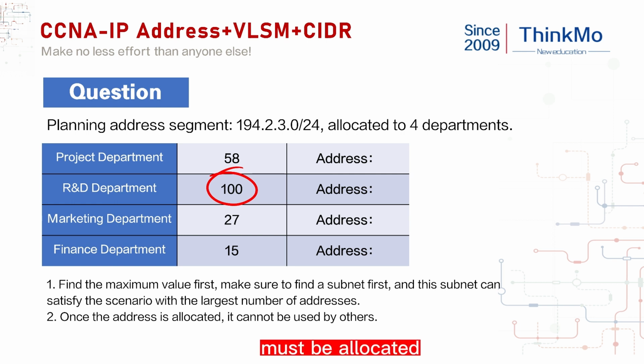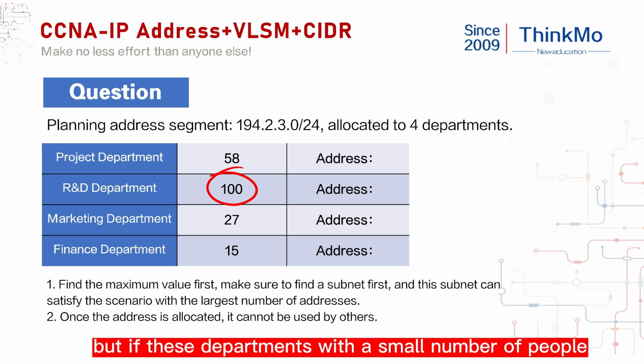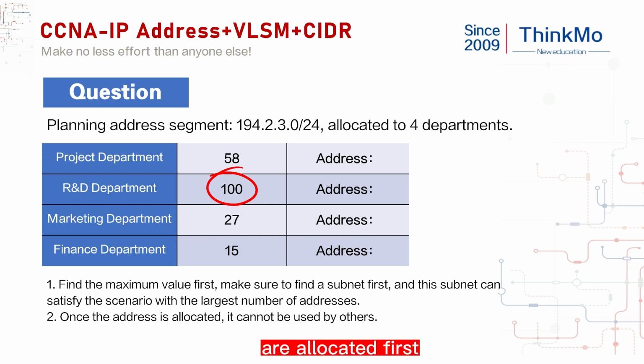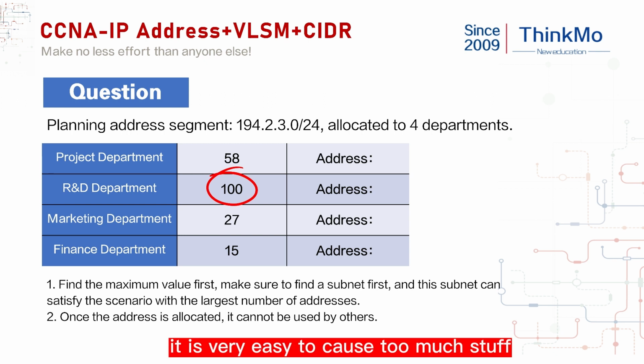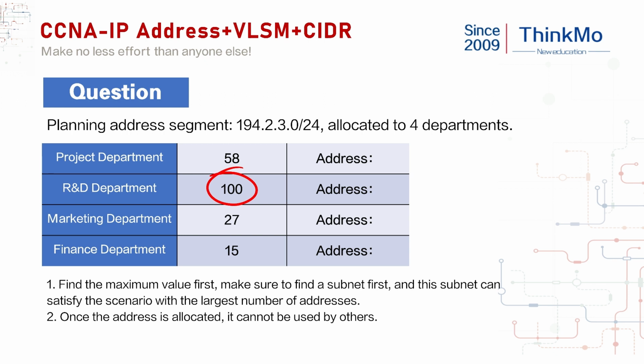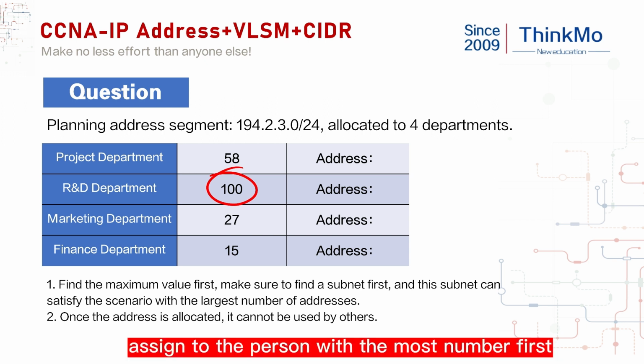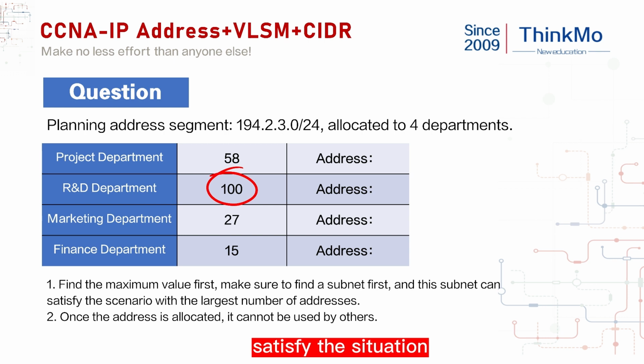Must be allocated, but if these departments with a small number of people are allocated first, it is very easy to cause too many addresses to be allocated to them. So assign first to the one with the largest number. Once the address is assigned, it can no longer be used by others.